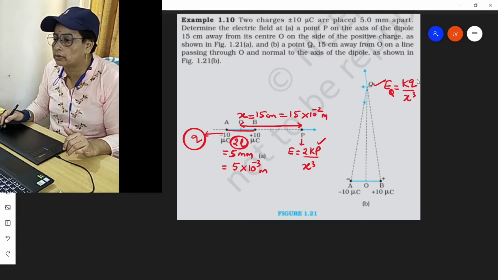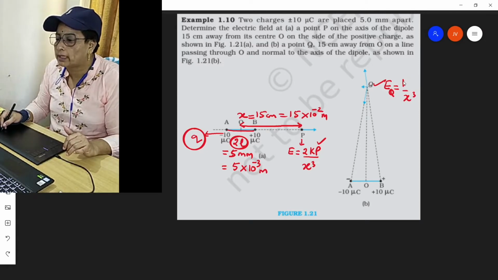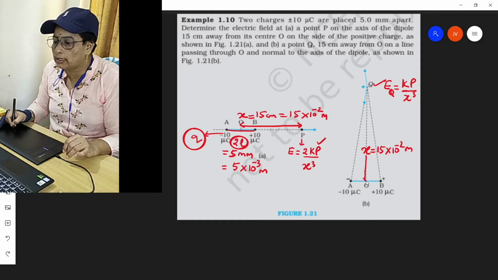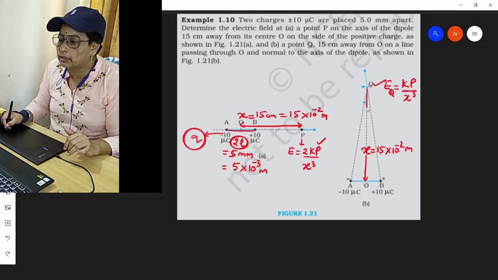Sorry, not kq, kp by x cube, and p is the dipole moment. This formula also we have derived. And x is 15 centimeter, meaning 15 into 10 to the power minus 2 meters. We are working in SI units or MKS units only.